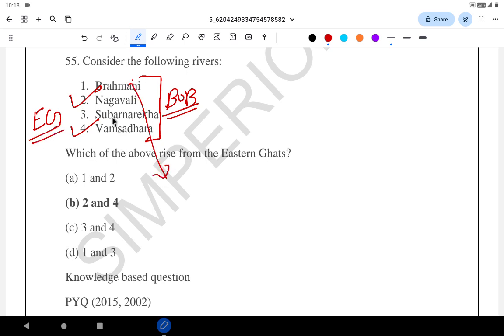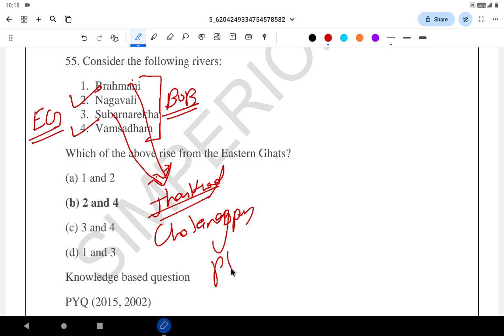Brahmani and Subarnareka, they originate around Jharkhand, almost near Chota Nagpur plateau, not in the Eastern Ghats. Only Nagavali and Vamsadhara originate in Andhra Pradesh and Odisha and empty into the Bay of Bengal. They originate in Eastern Ghats.